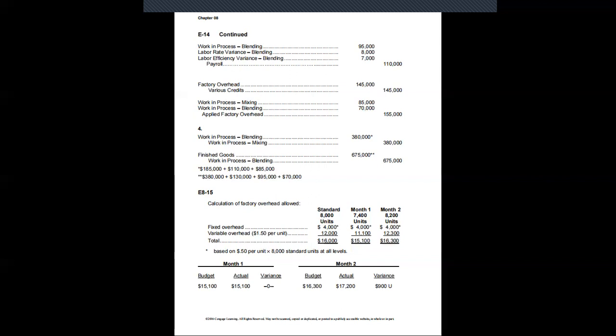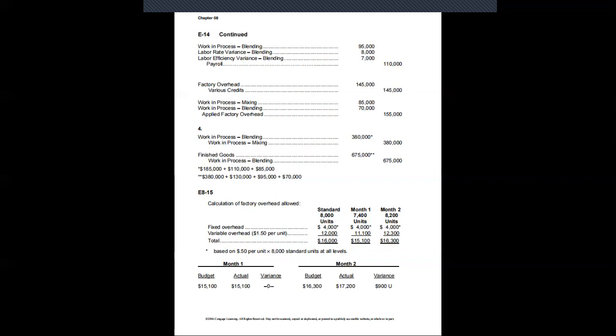And for 8,200 units, we have total factory overhead of 12,300. Now, based on the fixed overhead per unit times the 8,000 standard units at all levels, you have now your month 1 and month 2.